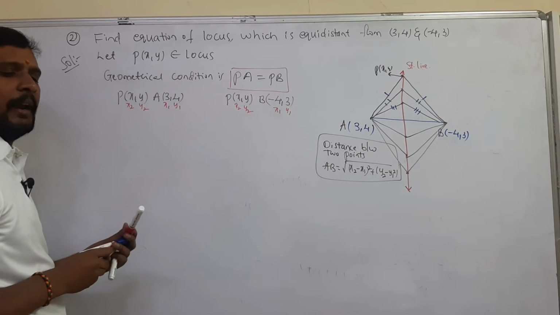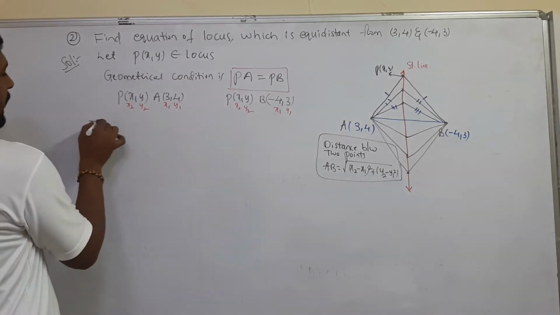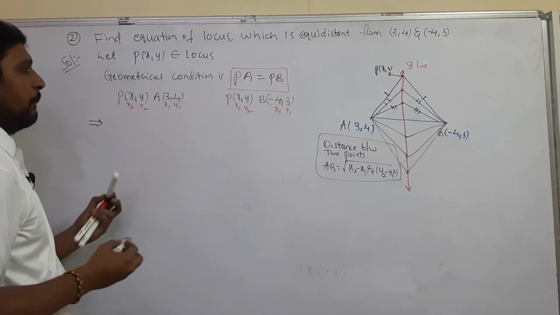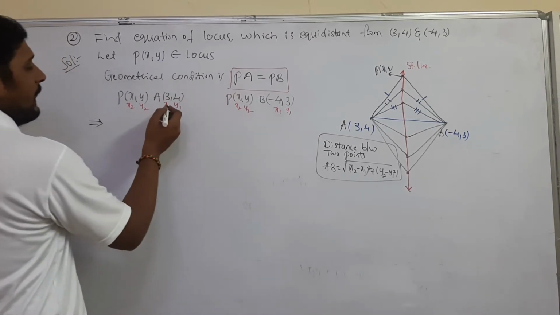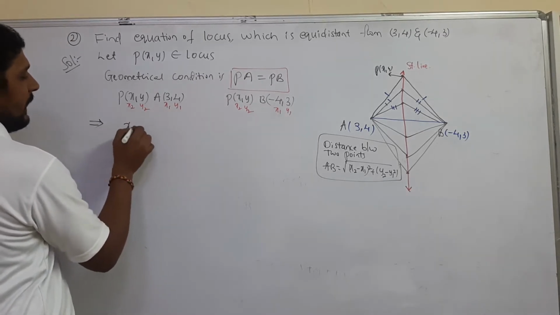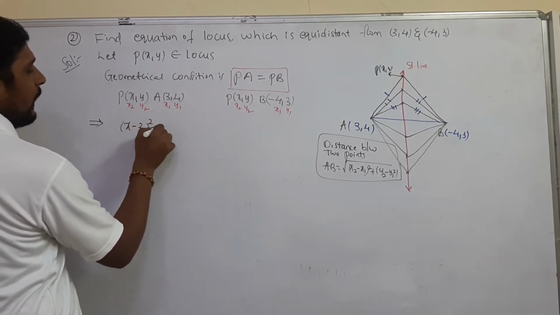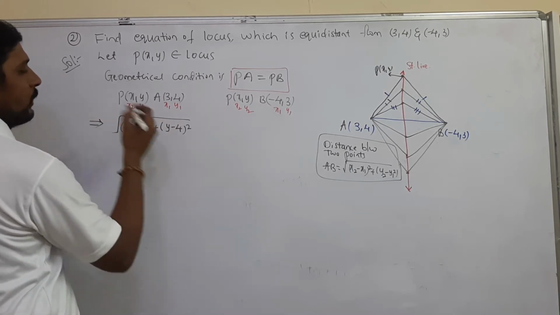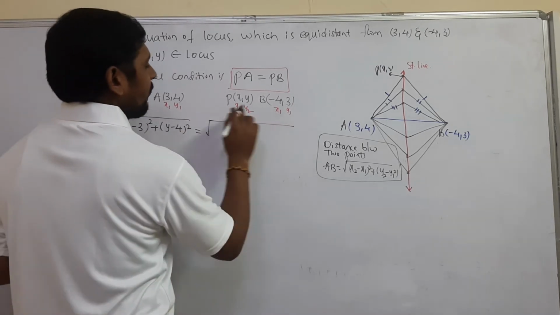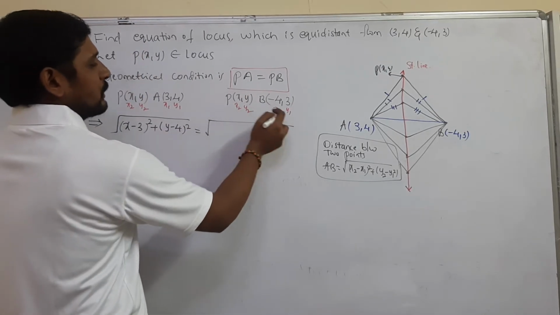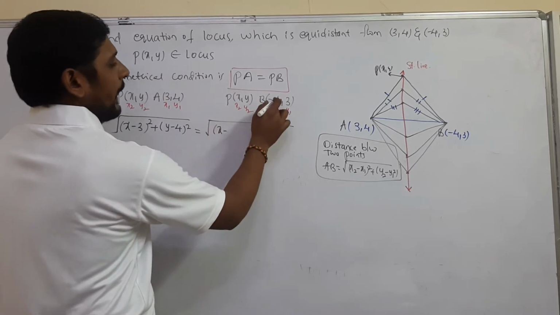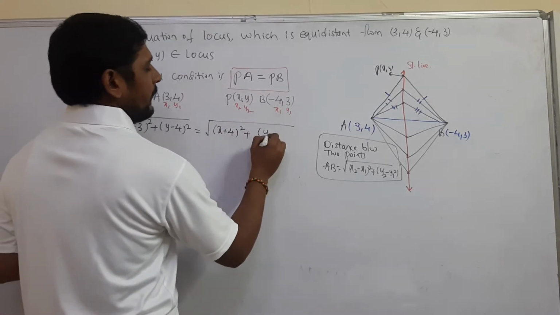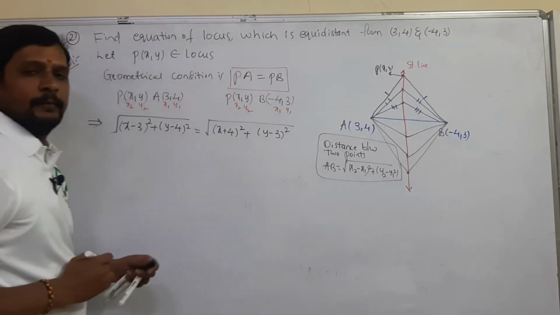Now replace in the formula and expand. PA is under root of (x minus 3) whole square plus (y minus 4) whole square, which equals under root of the same thing for PB: (x minus of minus 4, becomes plus 4) whole square plus (y minus 3) whole square.